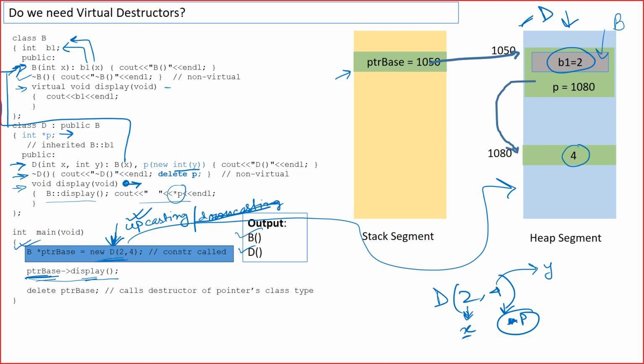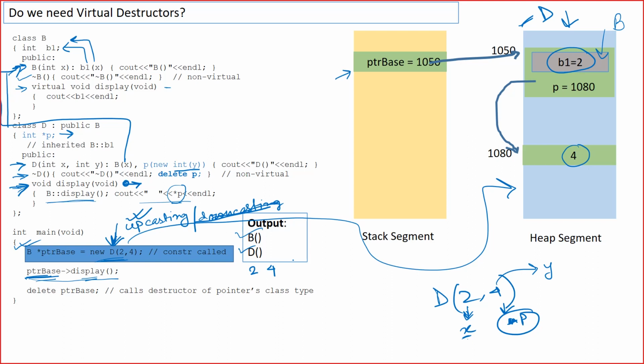So it will try to find the display function that is of type derived. So it eventually calls B display and star P. So what should it print? It should print 2 and 4. Right?